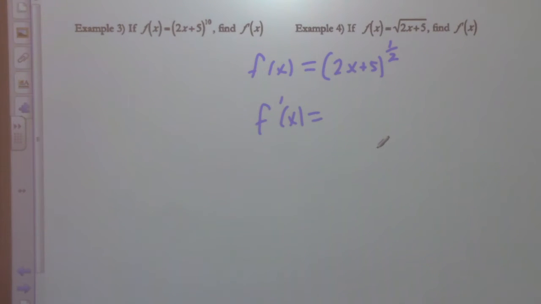So this is going to be 1/2 times (2x + 5) to the negative 1/2 power, and times the derivative of the inside, which is 2.